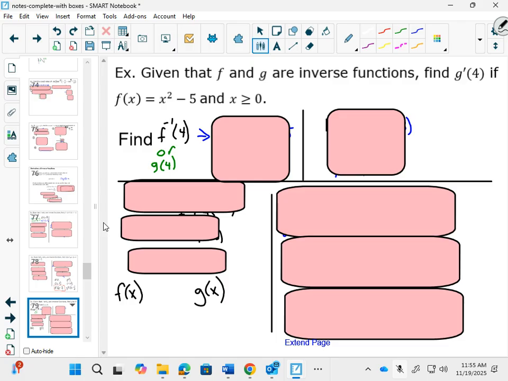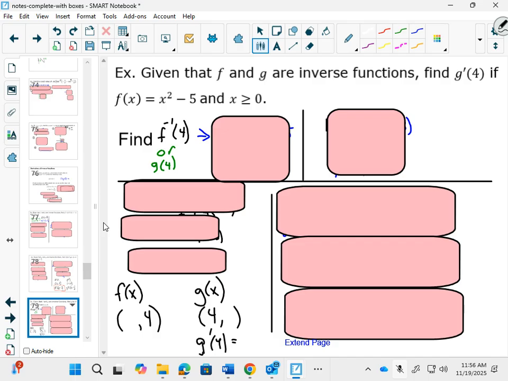They gave us only that we want to find g prime of 4. So that means I have a point on g of x that's 4 comma something, but I don't know what the something is. It also means on f of x, I have something comma 4. This is all the information I'm given.